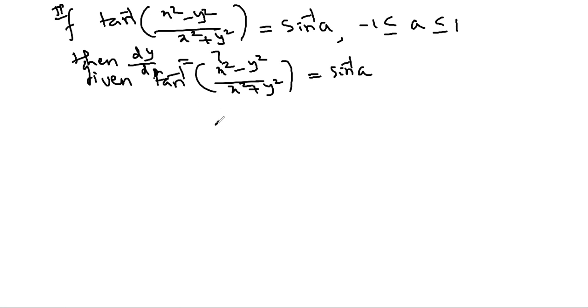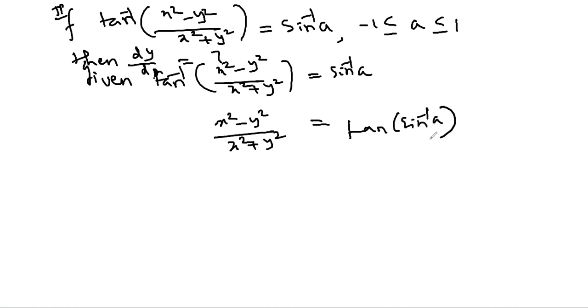So I will do one thing. x square minus y square divided by x square plus y square equals what? It equals tan of sin inverse of A.